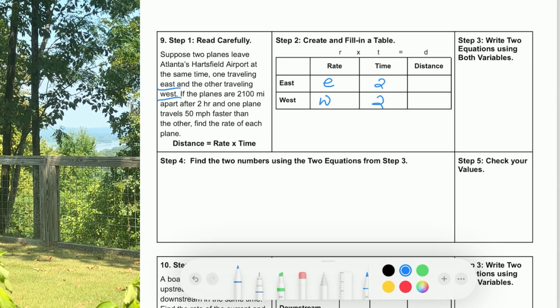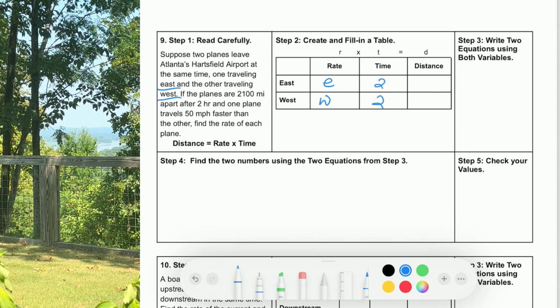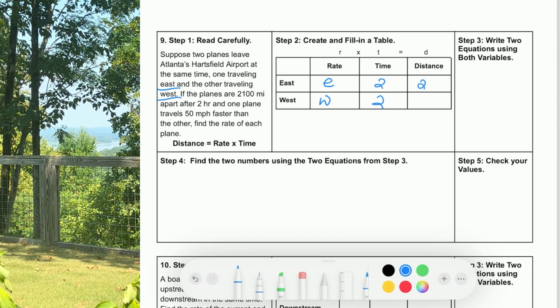We don't know how far they have traveled. We know how far they are apart, but we don't know how far they have traveled in that 2 hours. So the way we're going to have to show distance is this rate E times the time, which was 2, and we get 2E. Same thing for west, and we'll get 2W.